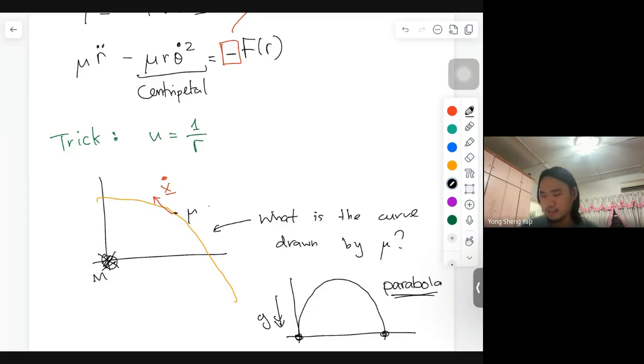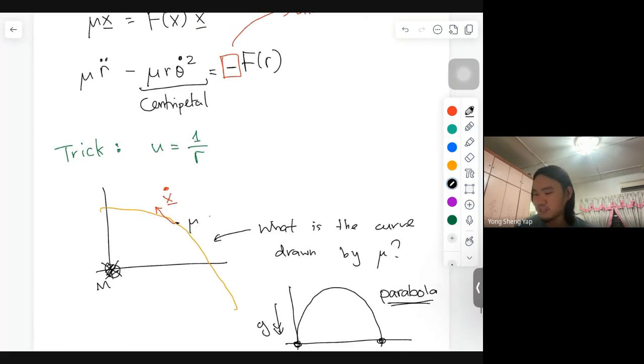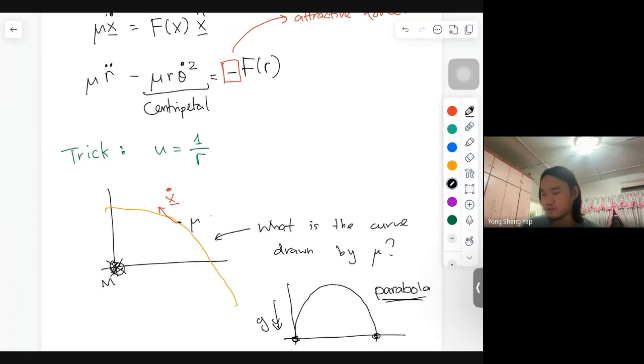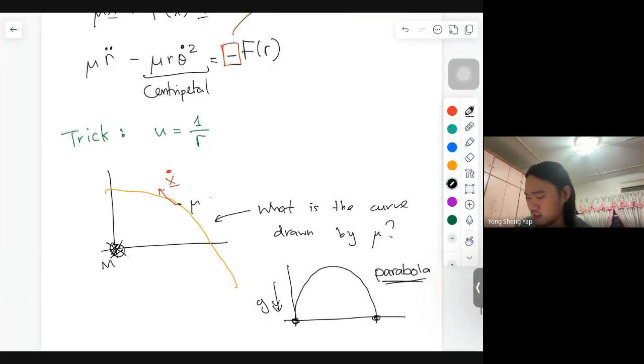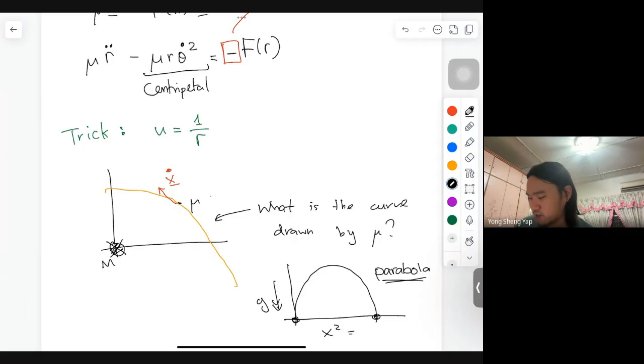The answer is solving the equation of motion, and to do this we're going to use the trick u equals 1 over r. Because we want to understand the curve, we don't want to solve this as a function of time; we want to solve it as a function of the coordinates. A parabola is something like y equals ax squared plus bx plus c, a relation between one coordinate and another. So here we want to understand what r is as a function of theta.